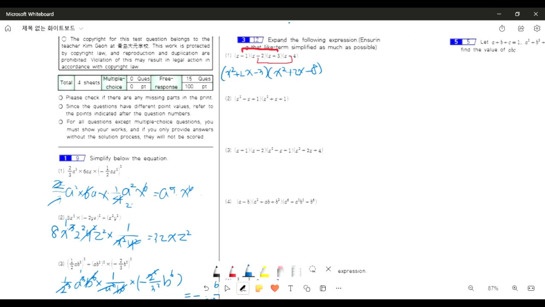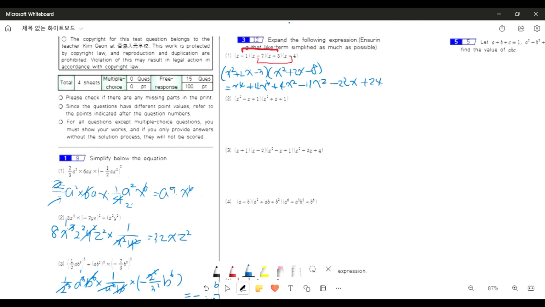So expanding the two quadratic equations, x to the fourth plus 4x cubed plus 4x squared minus 11x squared minus 22x and plus 24.